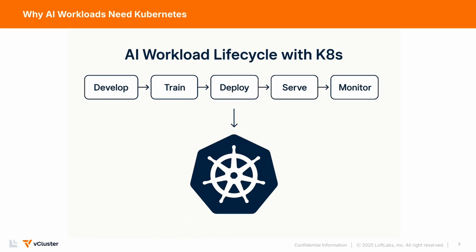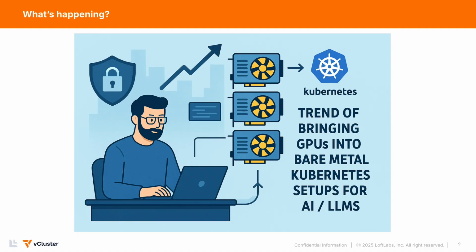Right from the time when you have just your raw model weights and you're training them to adjust the model weights, all of it is happening on top of Kubernetes. This also means that we need to find a way for the GPUs to be used efficiently on top of Kubernetes.